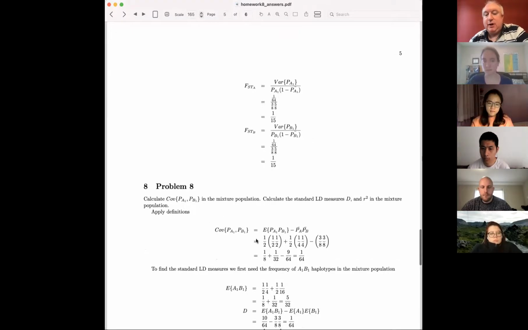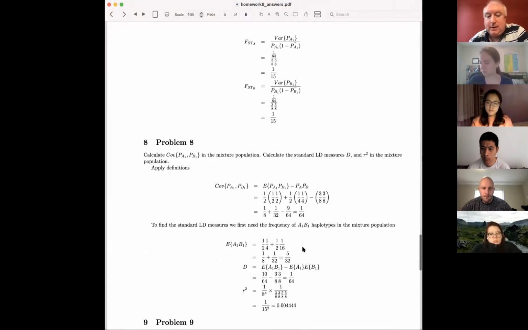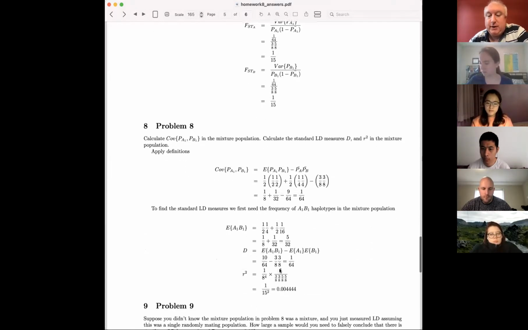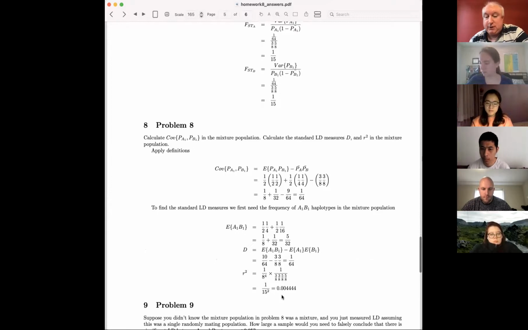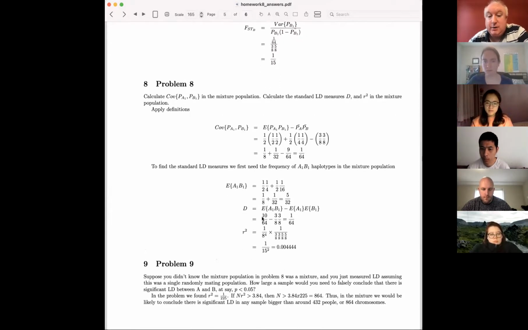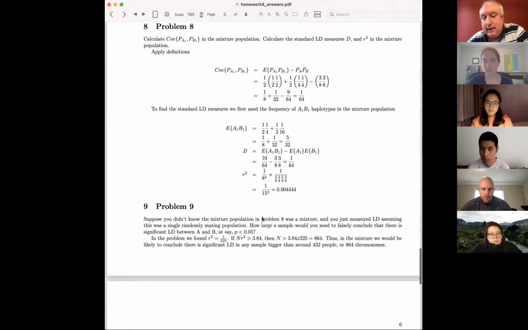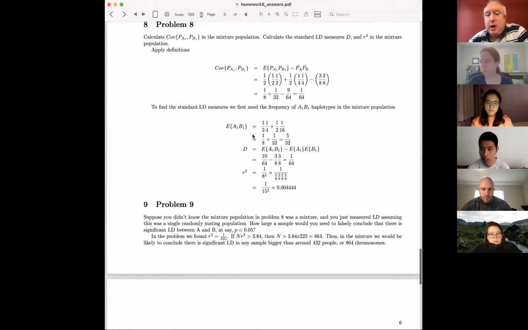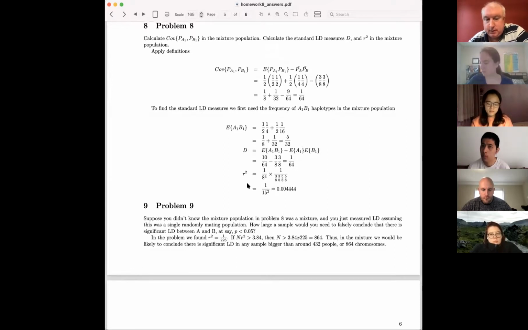You can start talking about things like the covariance between the allele frequencies due to this substructure. You'll find that covariance in allele frequencies is of course just your D statistic, and these things are not 0. And because of substructure, you will see covariances between the alleles.